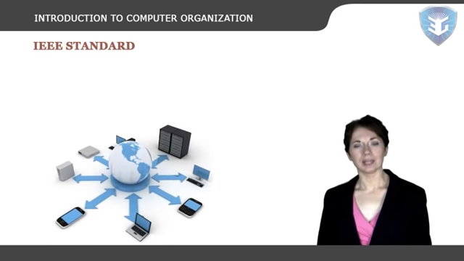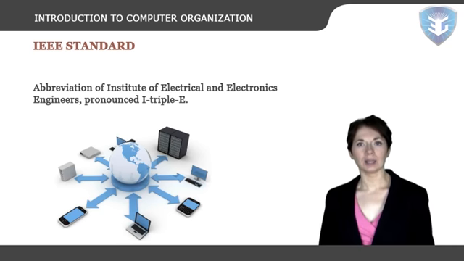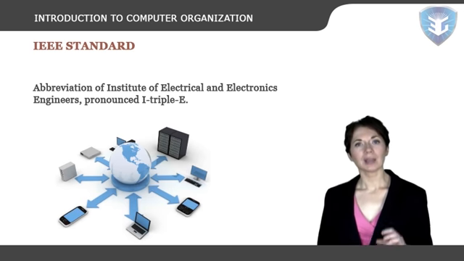Let's now understand the IEEE standard, abbreviation of the Institute of Electrical and Electronics Engineers, pronounced I-triple-E. Founded in 1884 as the AIEE, the IEEE was formed in 1963 when AIEE merged with IRE.